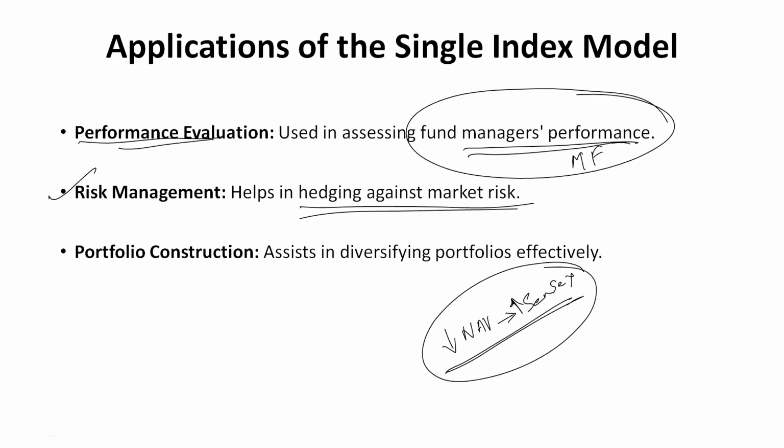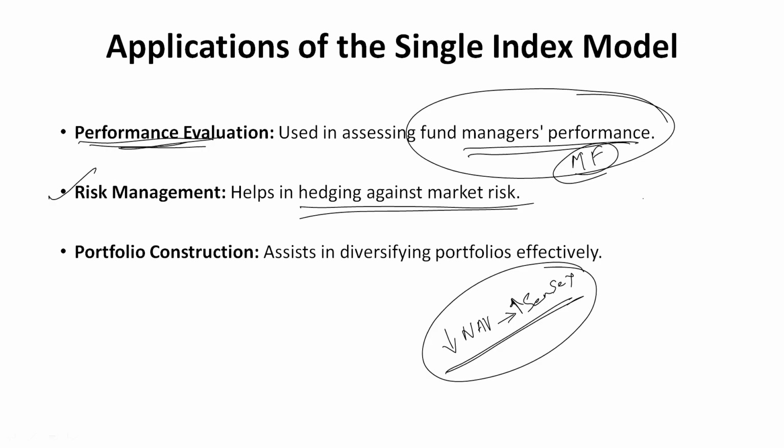Next is, where can this single factor index be used? The single index model can be used for performance evaluation. One of the best places where performance evaluation could be measured is the mutual fund industry. Very simple.